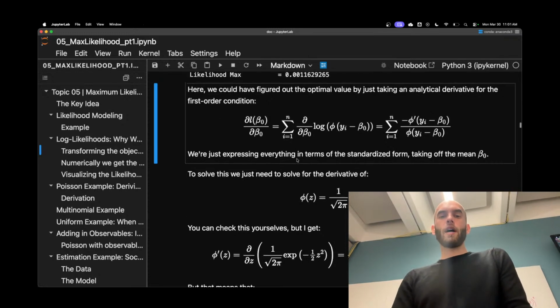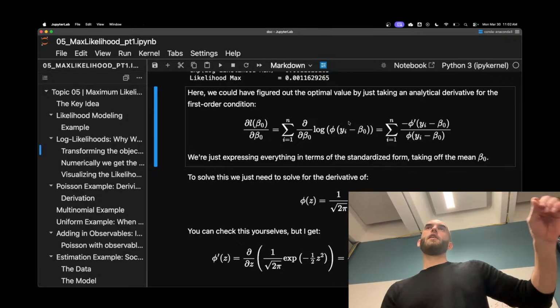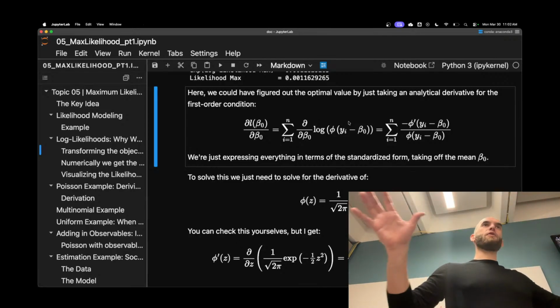Okay, so this is the procedure. What we're going to do is just take a first derivative of our log likelihood function with respect to the parameter that we're particularly interested in. So in this case, our single parameter is beta 0. And the log likelihood function is just the sum over the logs of the individual probabilities.